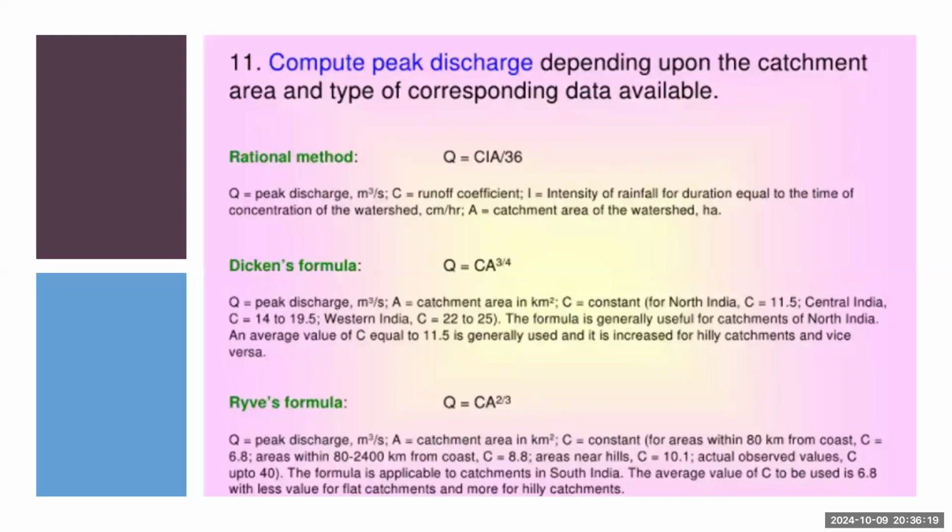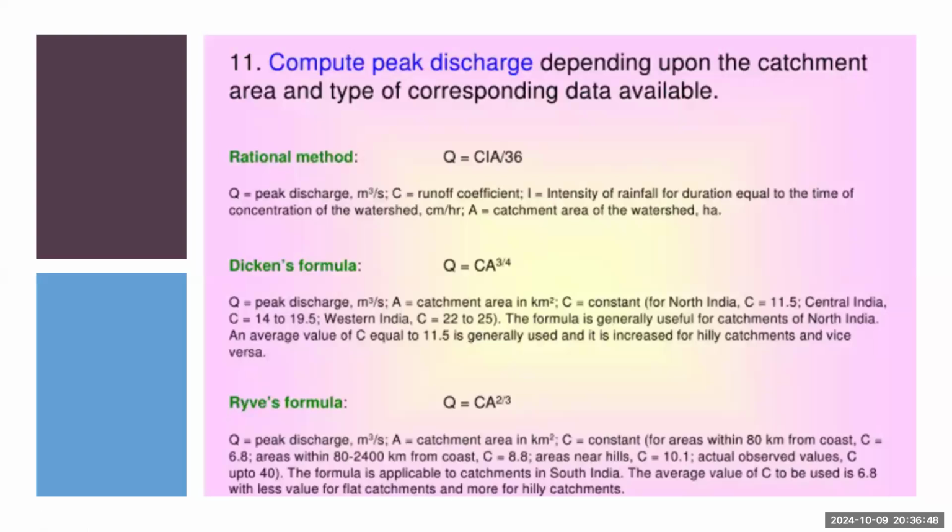For North India, C is 11.5. For Central India, it is between 14 to 19.5. For Western India, it is between 22 to 25. And there is Ryves's formula. Ryves's formula is considered for the catchments in South India.